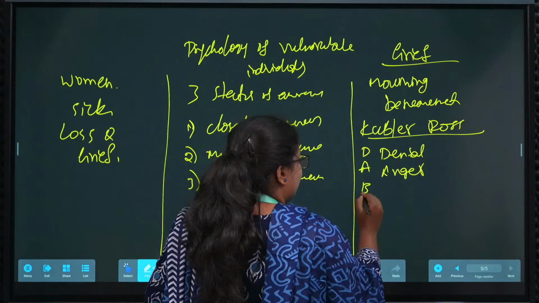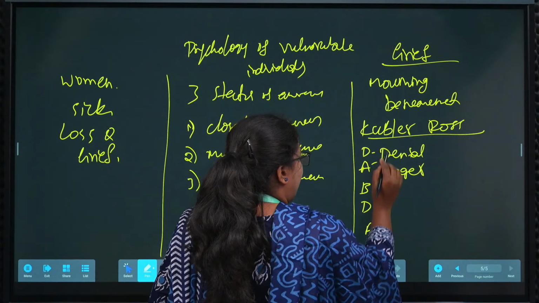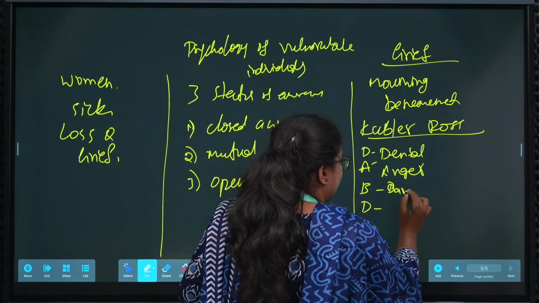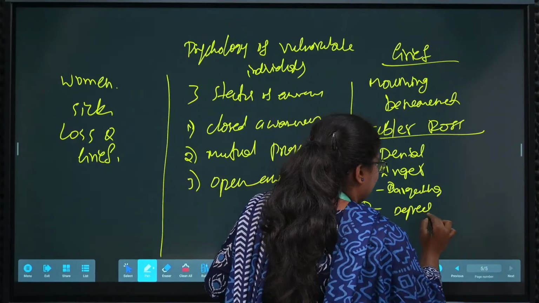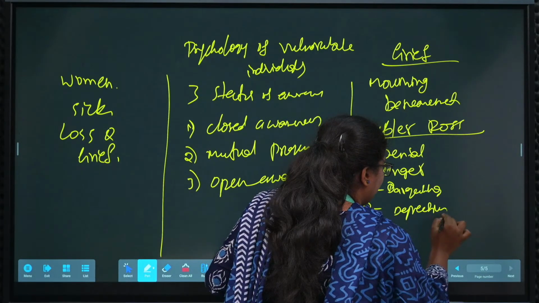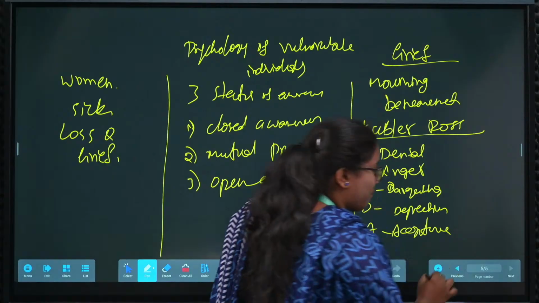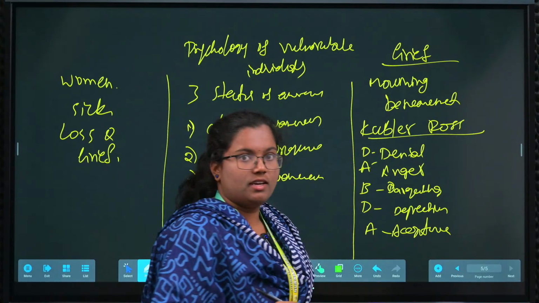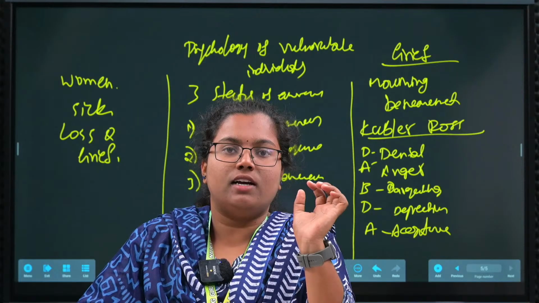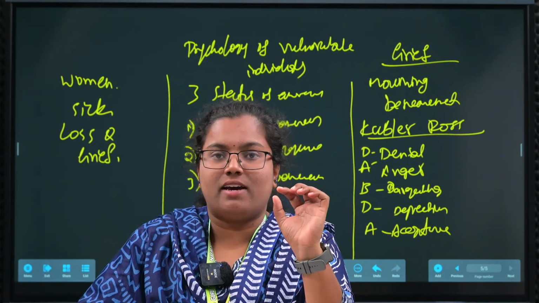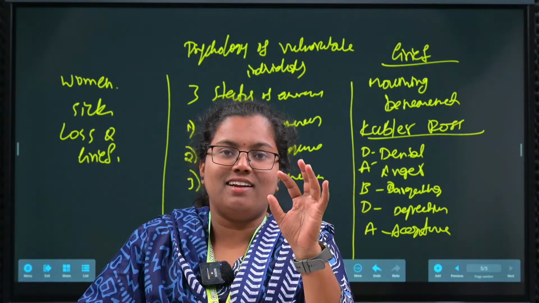Kubler-Ross gave 5 stages of grief: denial, anger, bargaining, depression, and acceptance.